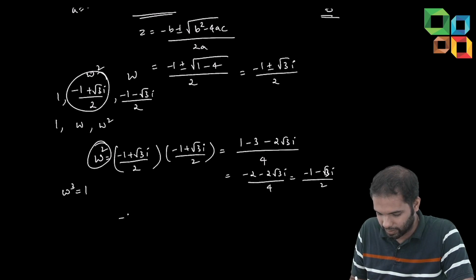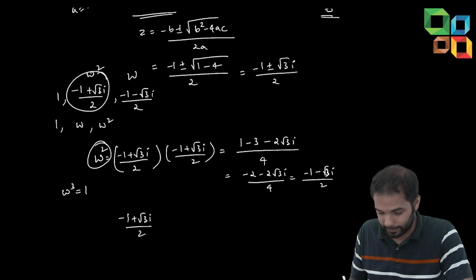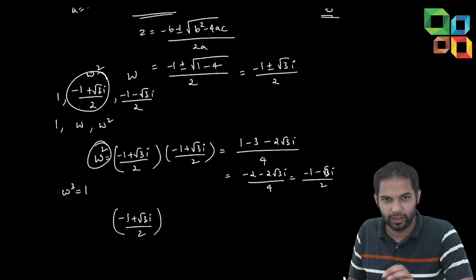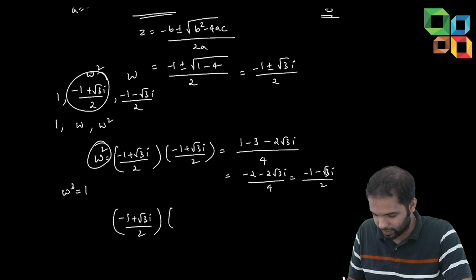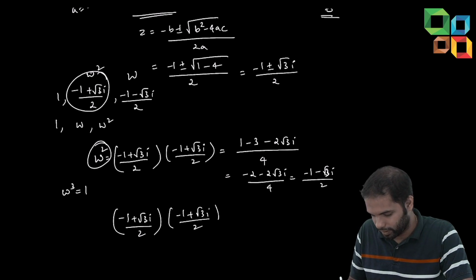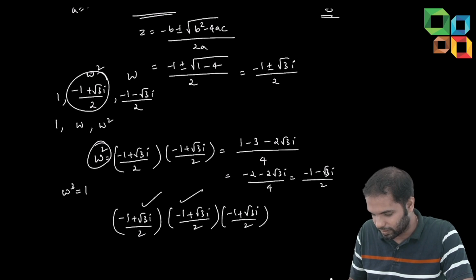So it is minus 1 plus root 3i. We have a different approach. We can do it in terms of angles as well, but we'll try here first. Minus 1 plus root 3i by 2 into minus 1 plus root 3i by 2. Now, we have already multiplied these two, therefore I'll simply write the result, minus 1 minus root 3i by 2.